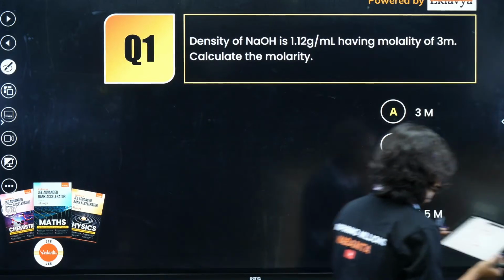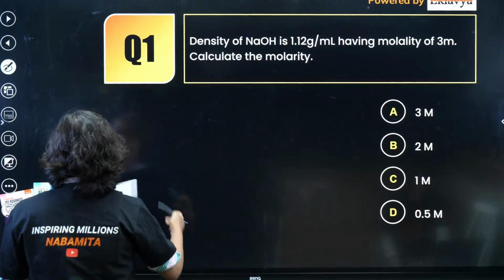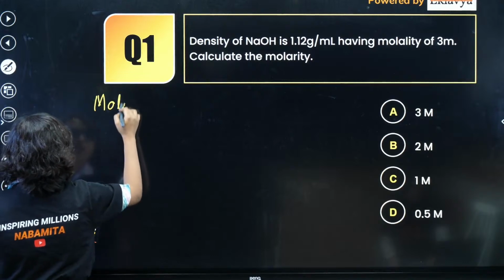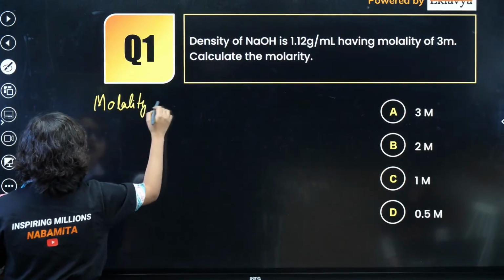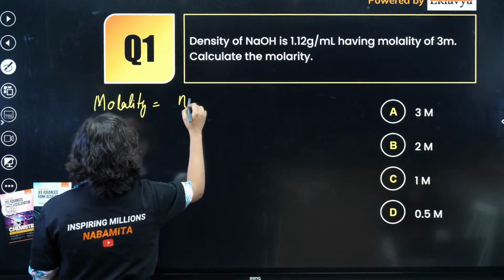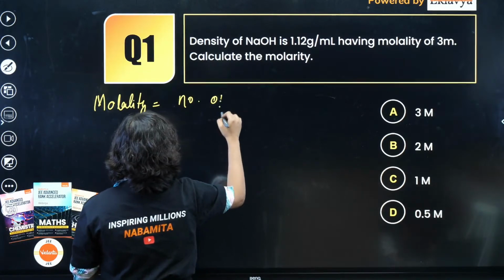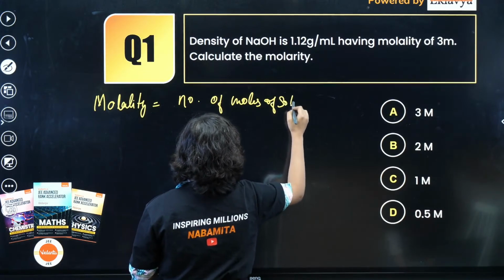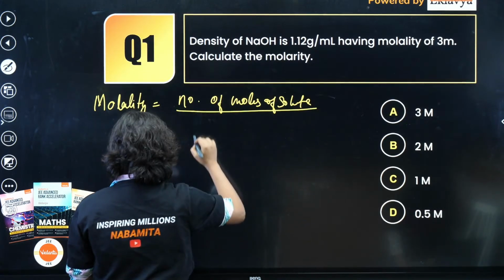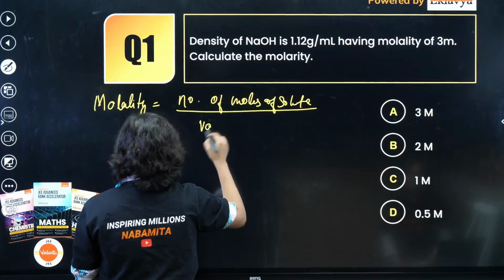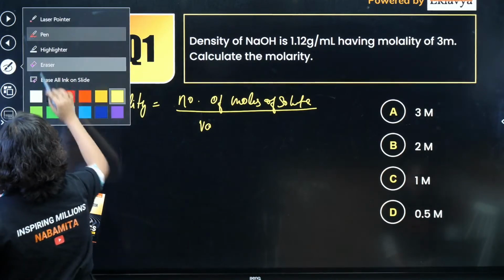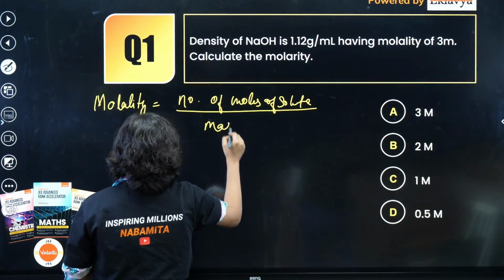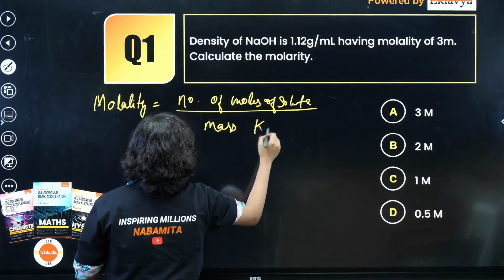So as we know, how do we calculate molarity, guys? First of all, molality is equal to number of moles of solute divided by mass of solvent in kg, correct?